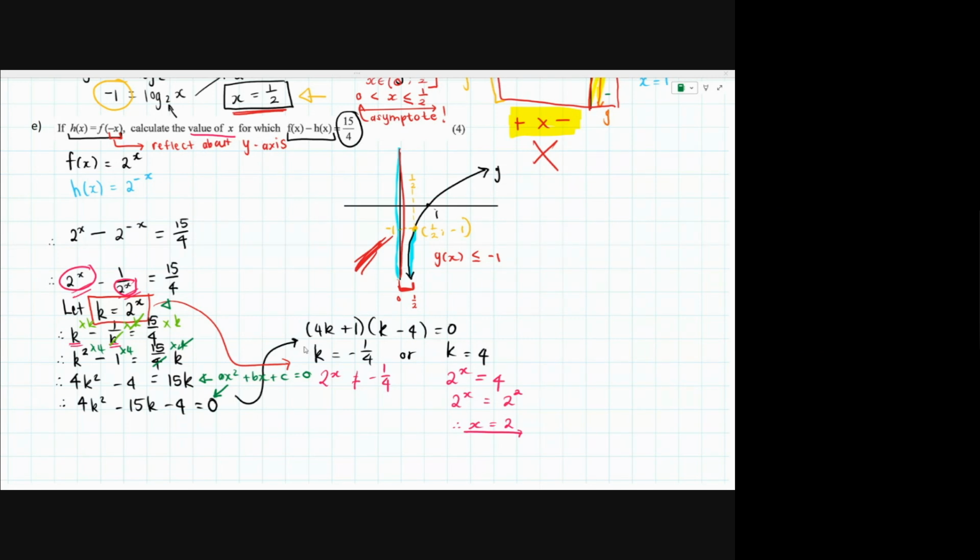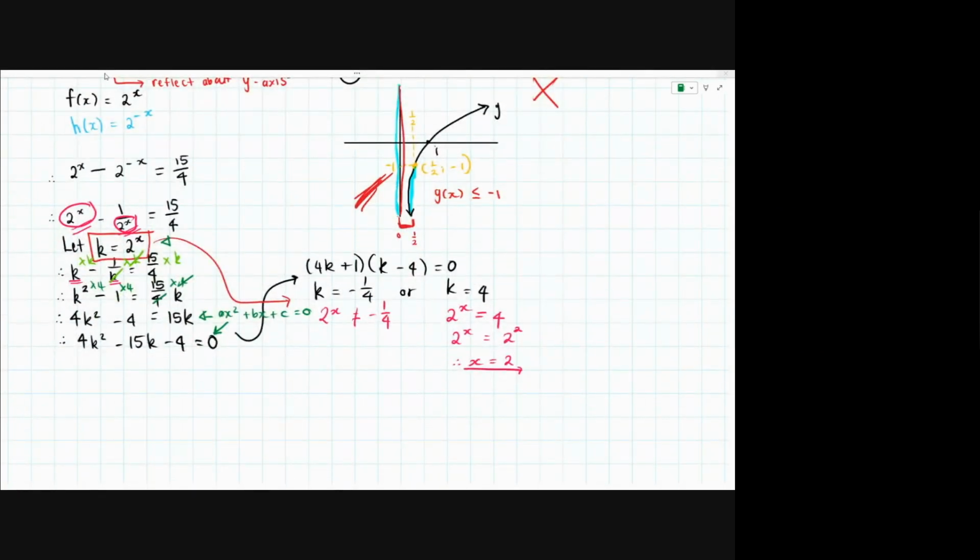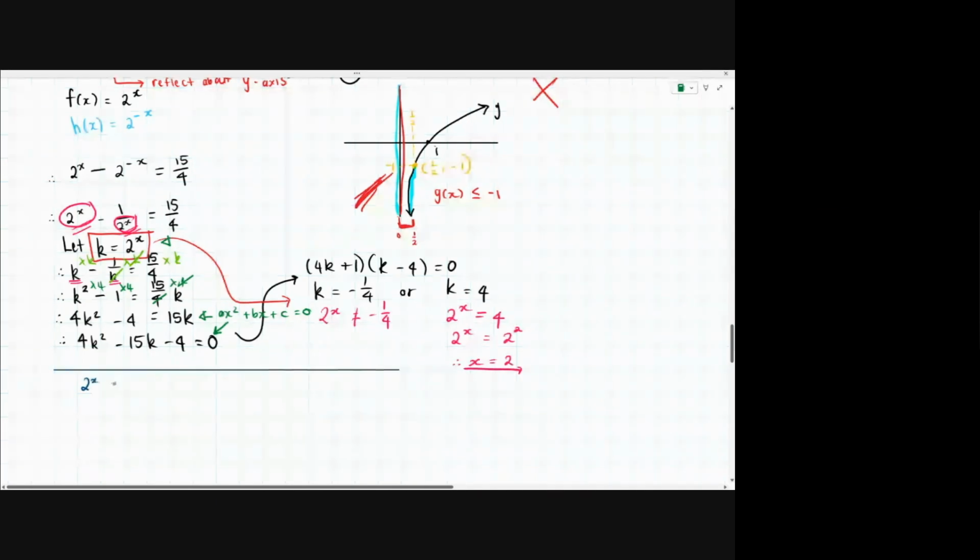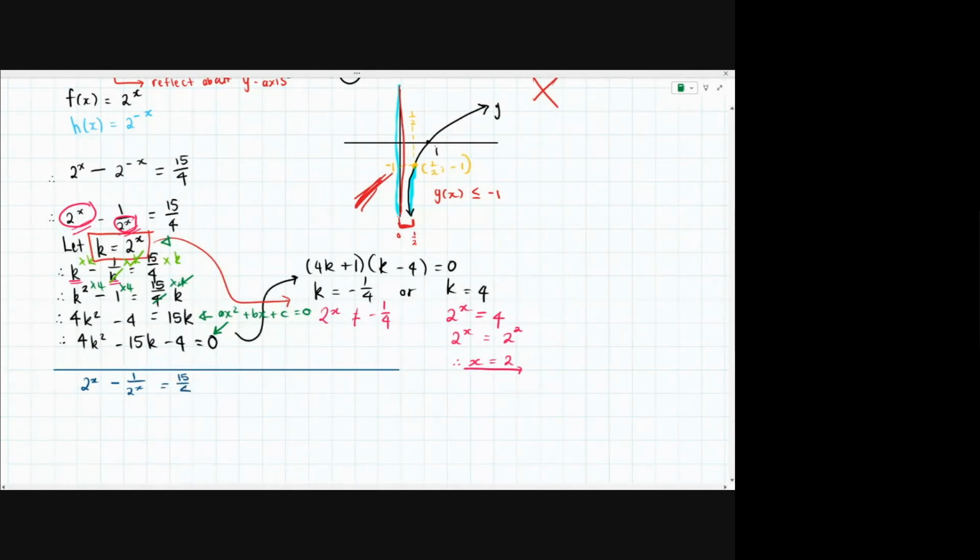Okay, cool. So guys, just out of interest, if you didn't want to use the K method, again, my brain just doesn't work like that, and that's okay. You don't have to use the K method, but I would struggle to do it like this. So you would have your 2 to the power x minus 1 over 2 to the power x equals 15 over 4. You would use the same logic. You don't want that 2 to the power x in your denominator, so you would times everything by 2 to the power x.